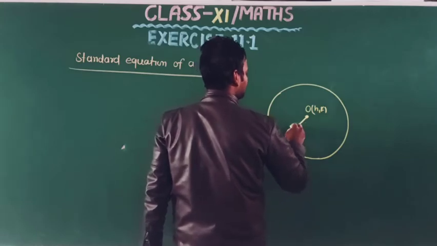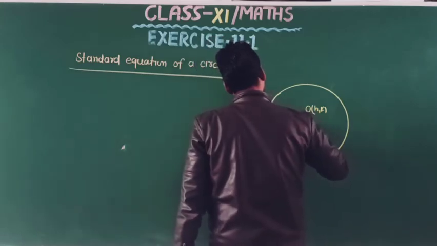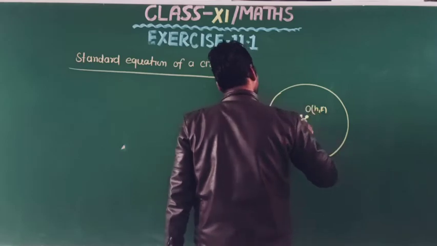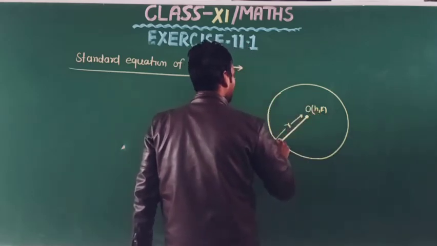This is the radius small r and this is a point P.